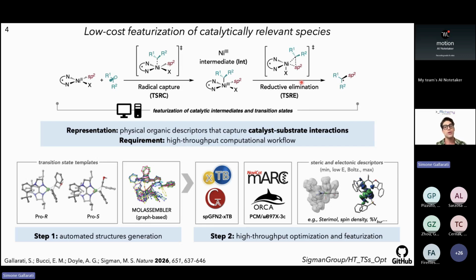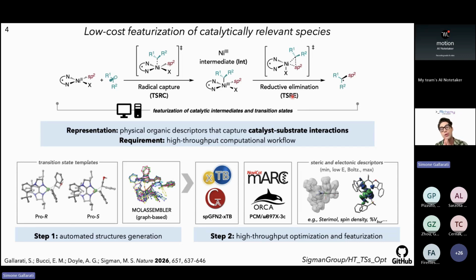So our objective was to construct reaction representations by taking features from these computed structures, both the radical capture intermediate and the reductive elimination transition states, because they encode both the ligand and the substrates involved in the reaction.